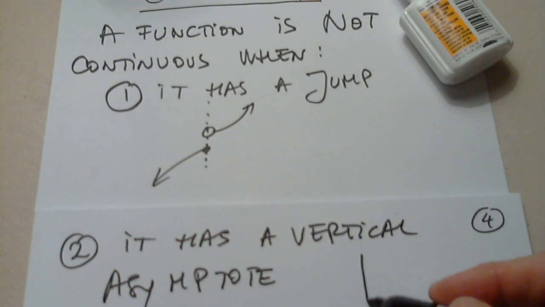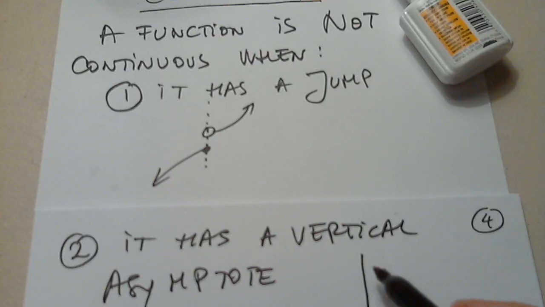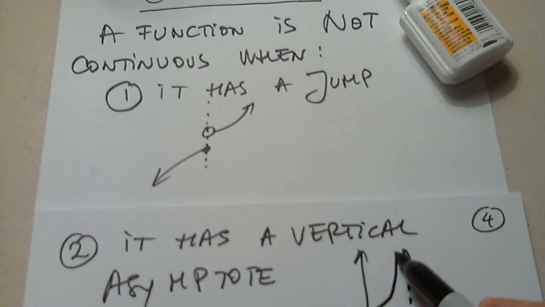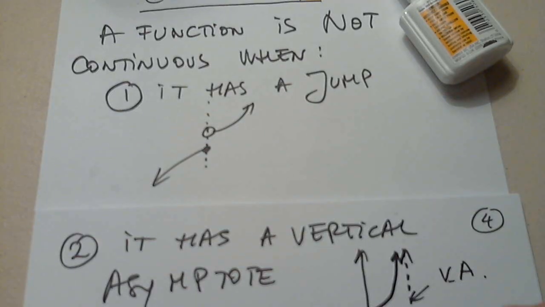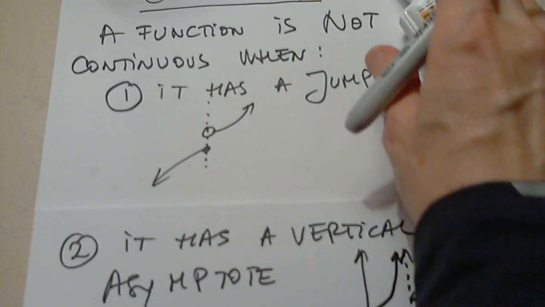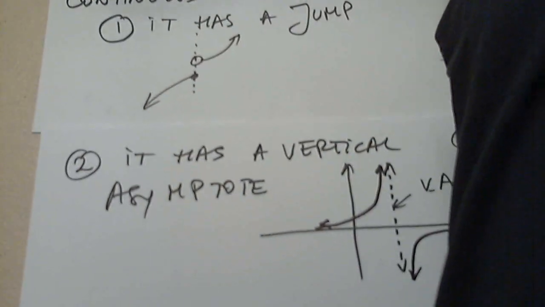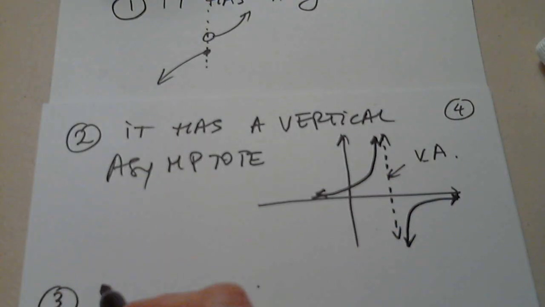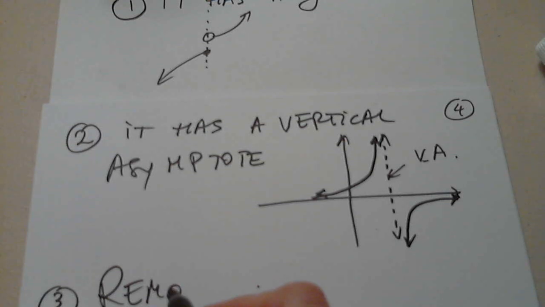Here it is. Here's the graph of a function that is not continuous because it has a vertical asymptote. This is the vertical asymptote, VA. And there is a third possibility for a function not to be continuous, and that is called removable.